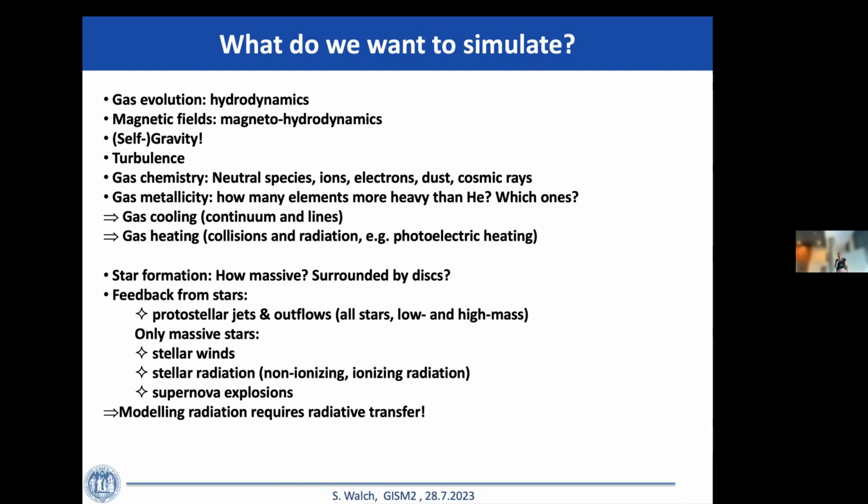In particular, you want to know the neutrals and ions. You want to know the dust for the cooling. You want to know the cosmic rays and how they are maybe attenuated for the temperature inside the core. You also want to know the metallicity, because you need to know how much cooling we have, what kind of molecules we can form, and so on.